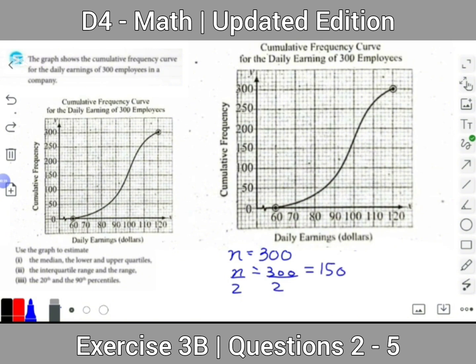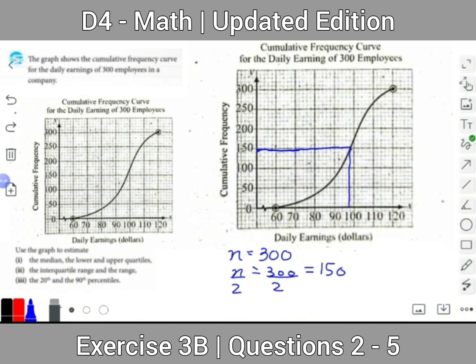Now we will look for the data value corresponding to the cumulative frequency of 150. So from the 150 along the y-axis, we will draw a horizontal line until it touches the curve. Now from the point of intersection on the curve, we will draw a vertical line until it touches the x-axis. So here we have somewhere here.